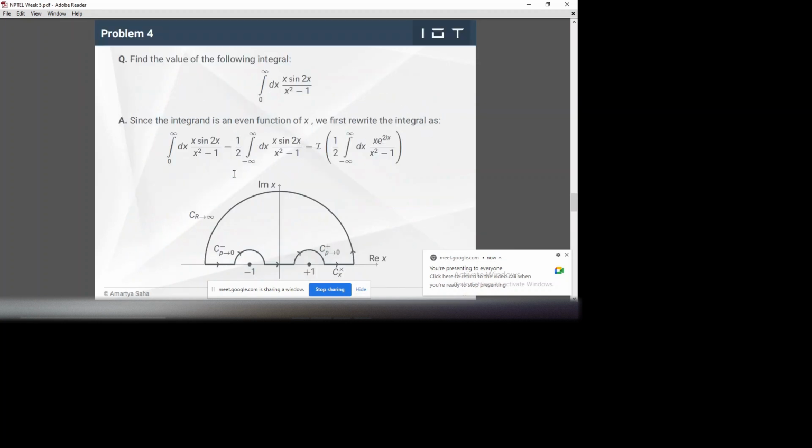So this was our principal value, and as we related in the first line, this is what was given in the question, and this we related with this.